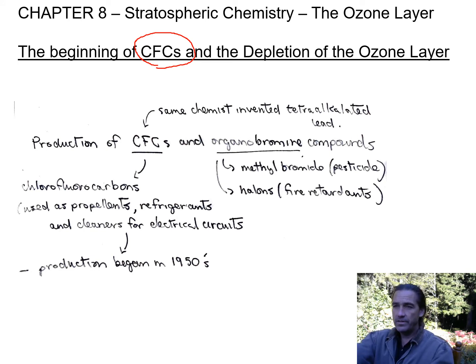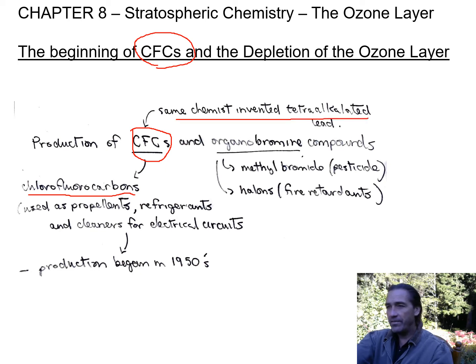And so CFCs, which are chlorofluorocarbons, are one of the primary culprits for the destruction of the ozone layer. And CFCs were actually invented by the same scientist who you saw as a character in the Cosmos video, Dr. Kehoe.